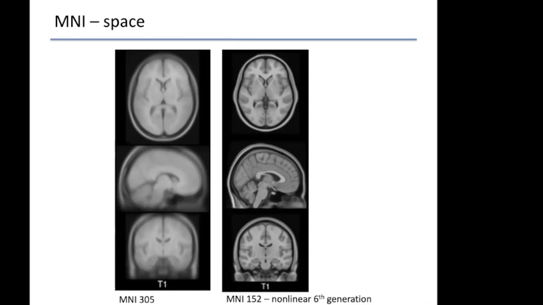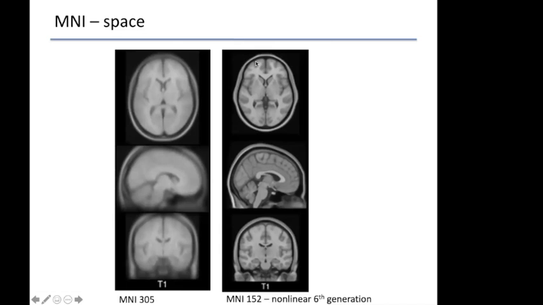This was very heavily used for a long period of time, even up until the mid-late 90s. Then once computer technology and nonlinear registration technology became more usable, we were able to generate models such as this, where you start seeing a lot more definition, for example, differentiating the subcortical structures.